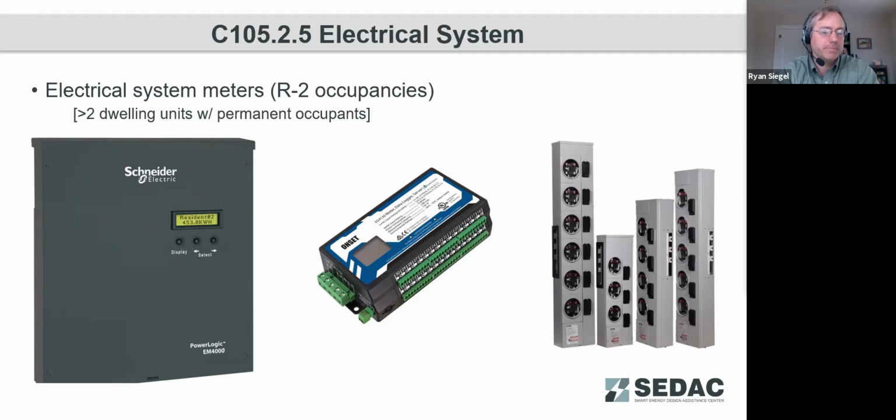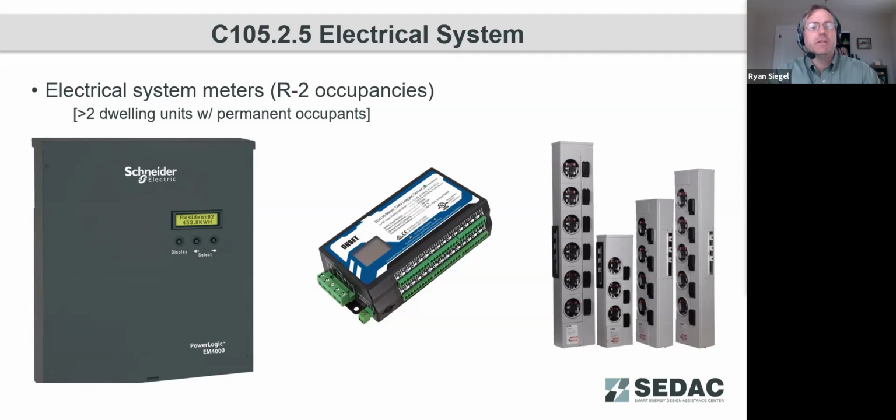Each of those dwelling units does have to have some sort of individualized metering. This could be any number of different things, from the right-hand side, where commonly you see the utility meter stack, and so everyone has their own individual meter and gets their own individual utility bill.